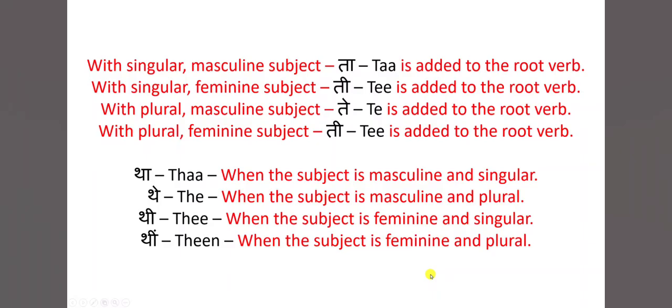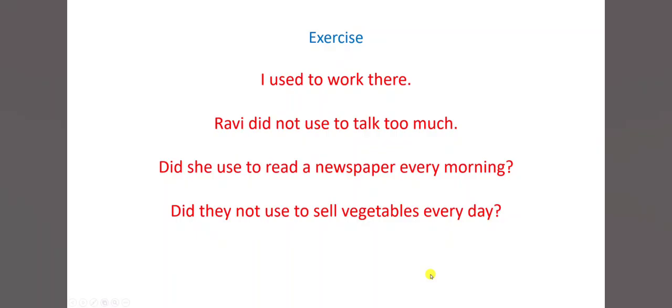Assuming that you have understood the concept, here is an exercise for you. I want you to translate these 4 sentences to Hindi and comment them down below. All the necessary words have already been taught before. Okay? So pause the video and do it, because in a few seconds I will display the answers on the screen.